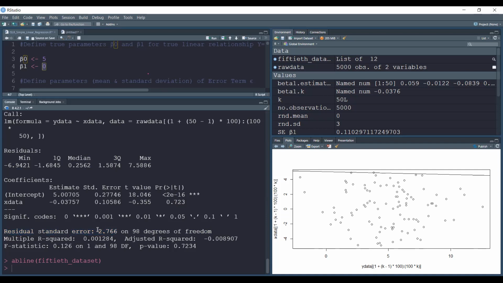This is to approximate the standard deviation of the error term. And in fact, it does quite a good job, because the true standard deviation is 3, and what we have over here is, to one significant figure, in fact 3.